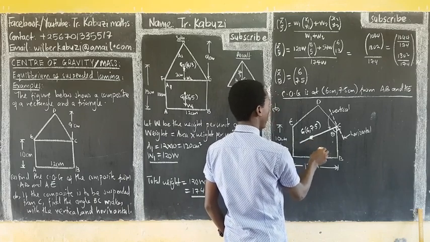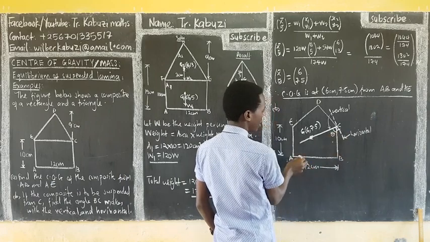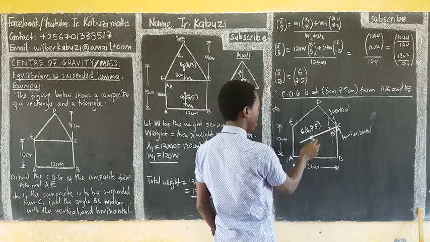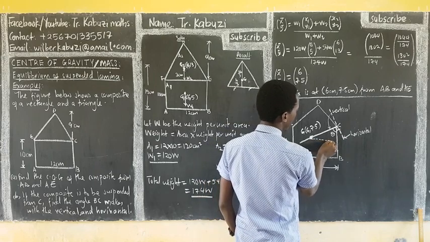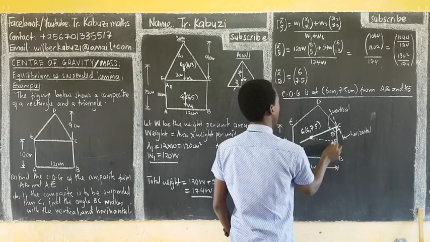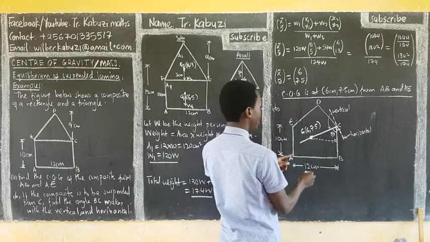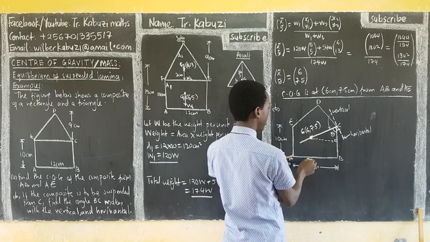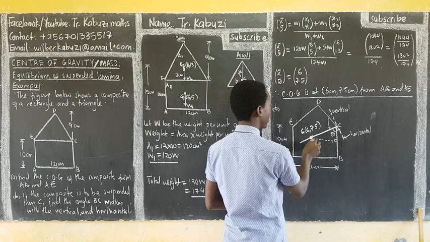Now we want this triangle. We want the height from here up to here, so we use this triangle, and we need the opposite over the adjacent. They said it from AB, so this distance is known.